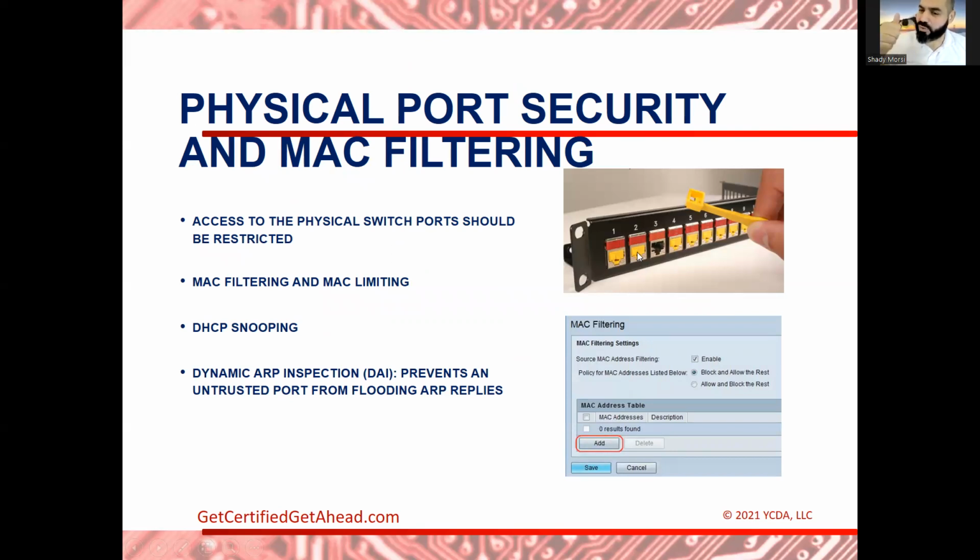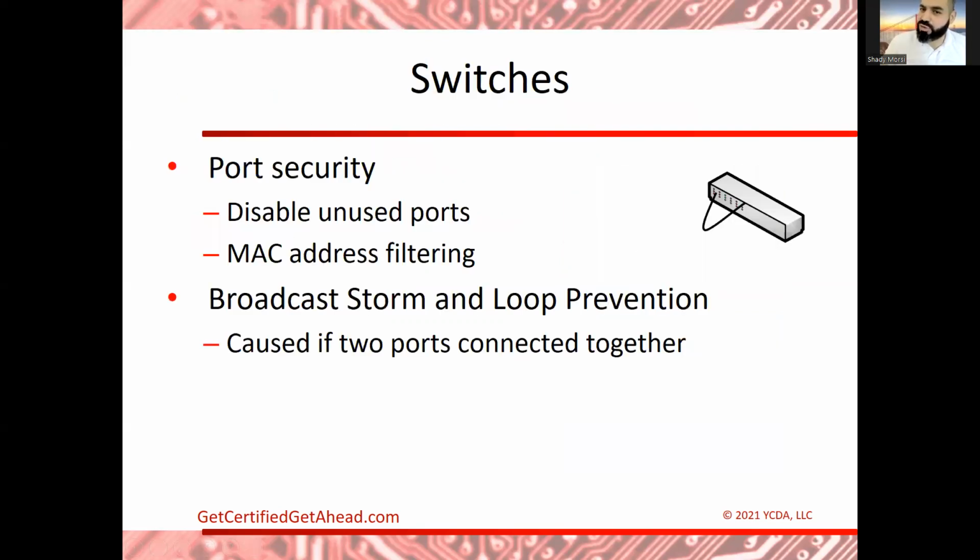We need to do physical security. We need to ensure security in switching by port security. I mentioned what port security is. I need to make sure that port security will learn one MAC address. If someone tries to put his computer in with the same MAC address, it will not accept. So this is port security.